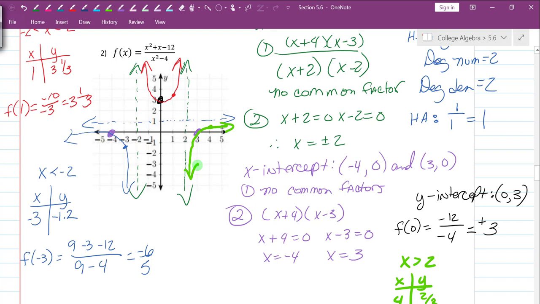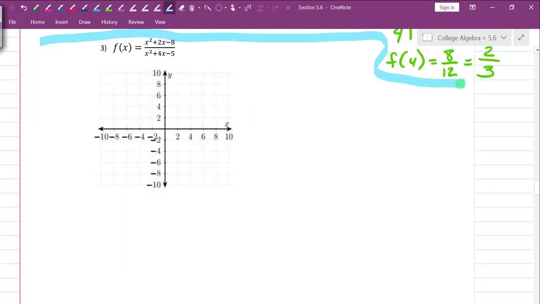Alrighty, one last problem to go, and then we are done. Alrighty, it's been a long day. First thing we want to do is determine our asymptotes. So for our vertical asymptotes, remember step 1 is we're going to remove common factors. So we're going to have a factor here, x and x.